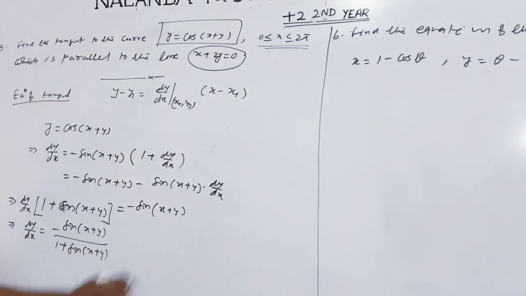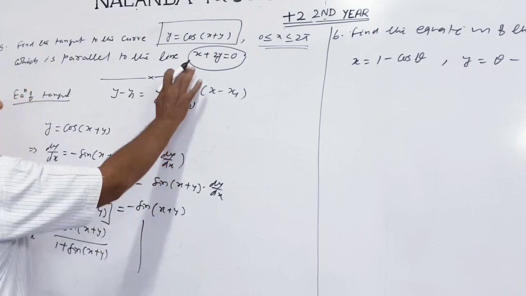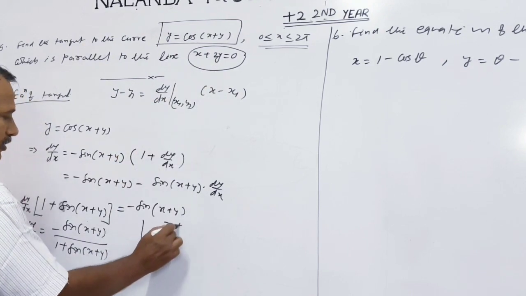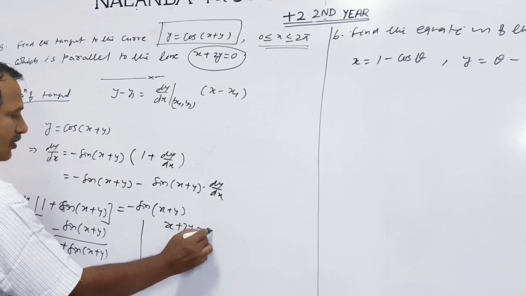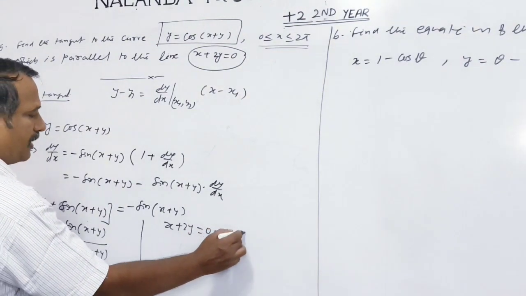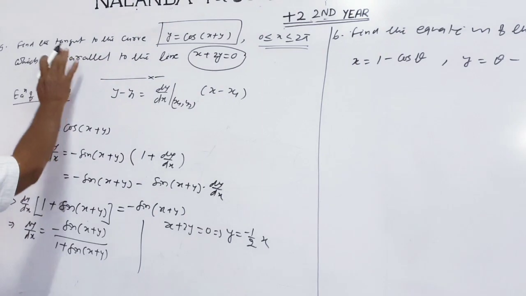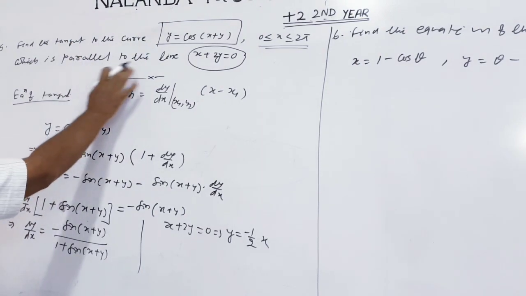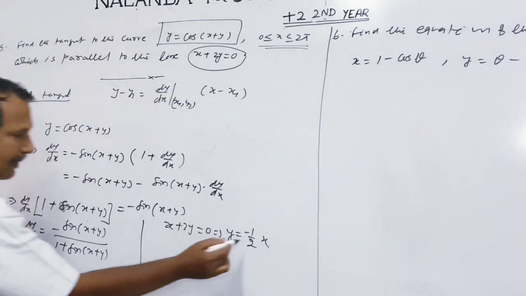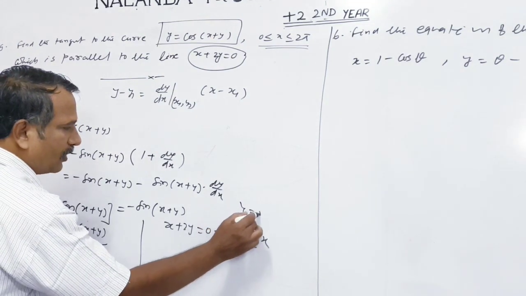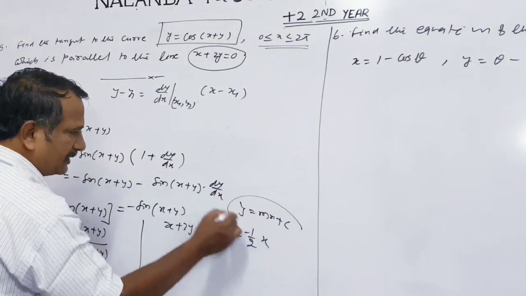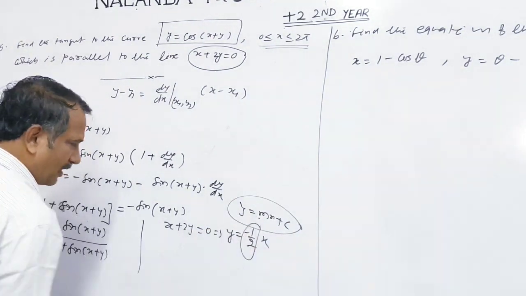Now here one line is given, x plus 2y equal to 0, or y equal to minus 1 by 2 x. So the slope of the tangent is parallel to the line. If you compare y equal to mx plus c, m is the slope. Now slope equal to minus 1 by 2.